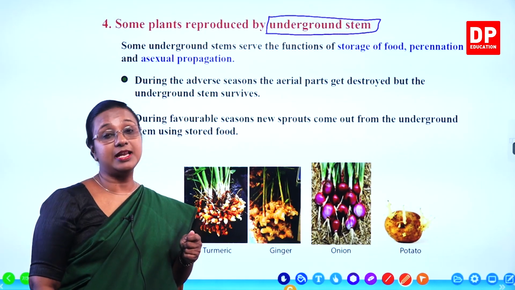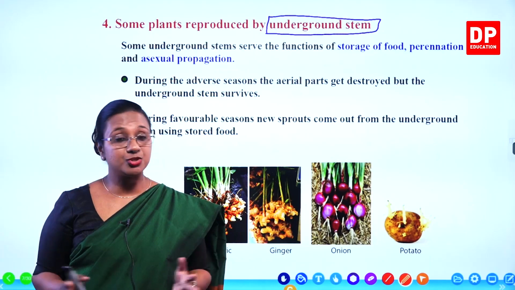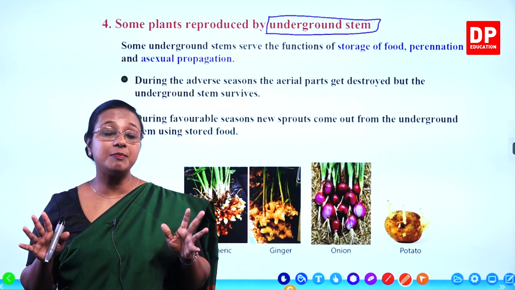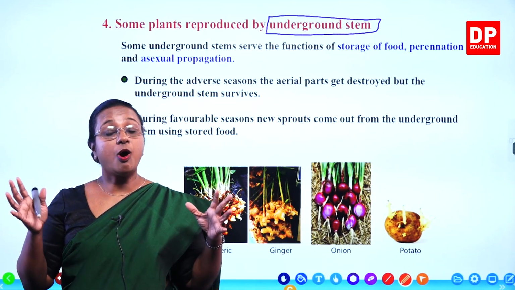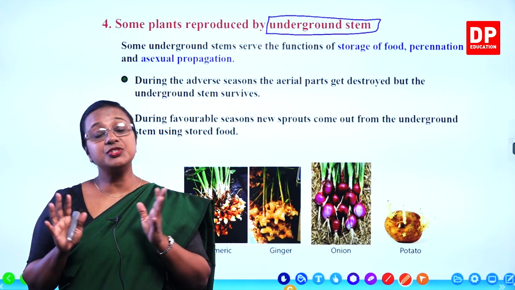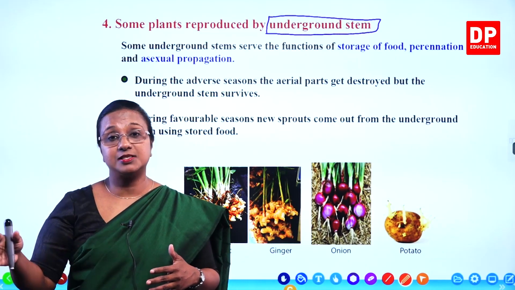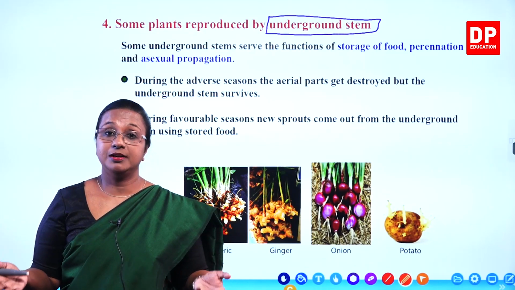Then what is perennation? In a natural environment, normally the conditions are suitable for plant growth. They get enough water, enough sunlight, all the minerals, everything is there for them. So the plant grows well. But there are times when there can be floods, too much water, or there is no water at all, drought.